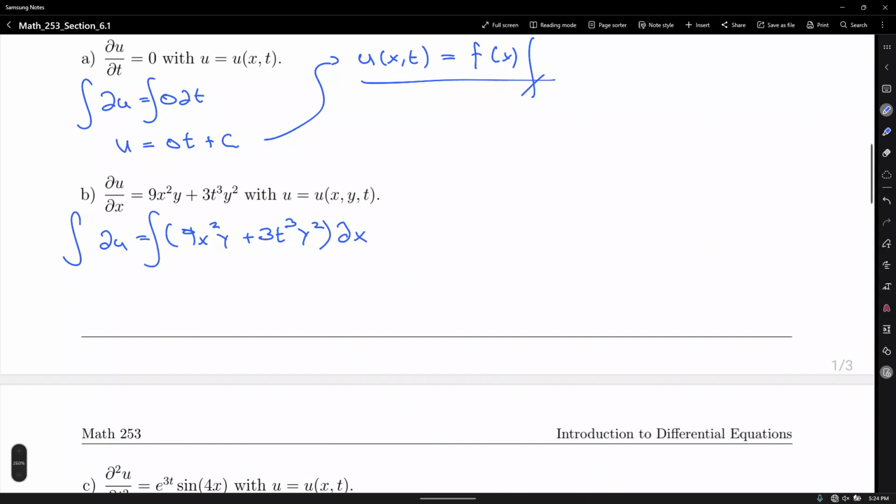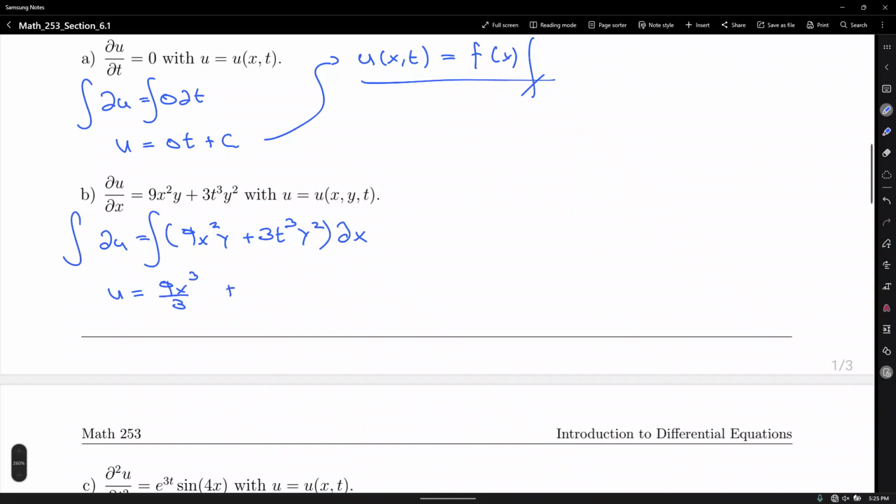So the integral and the differential symbol cancel out. That's equal to u. Have a look at the first term, 9x squared y. We're integrating this with respect to x. So the y is just a multiple constant, and then the integral of 9x squared is 9x cubed over 3, times y.